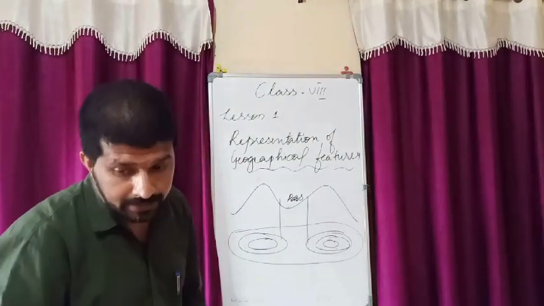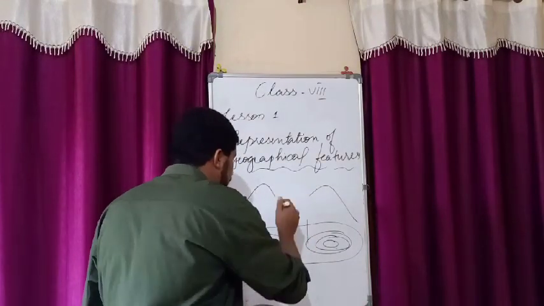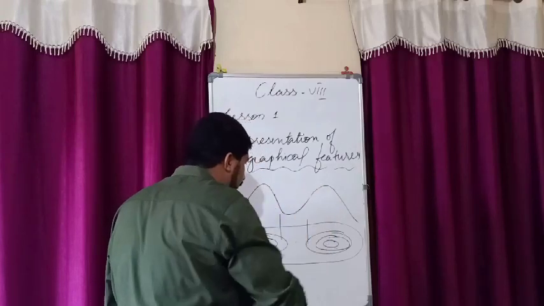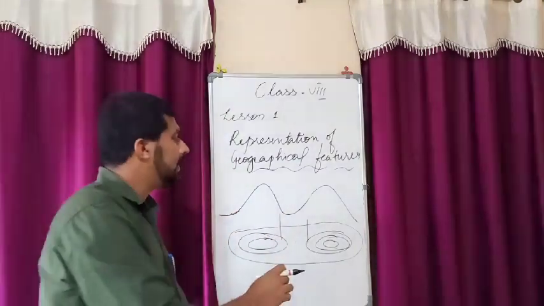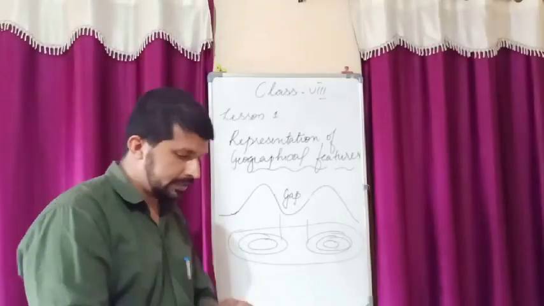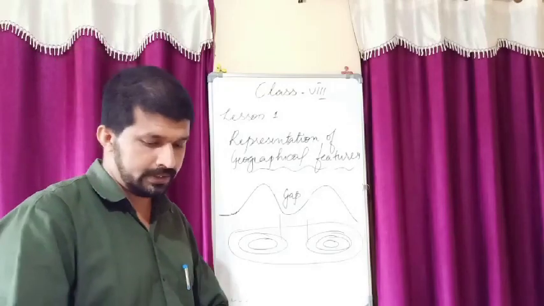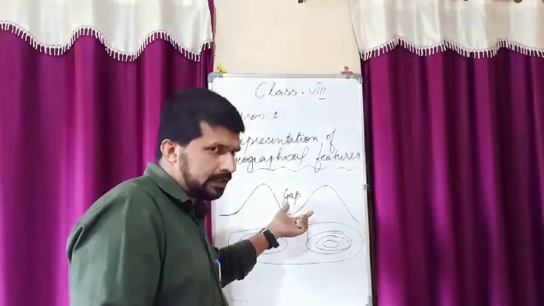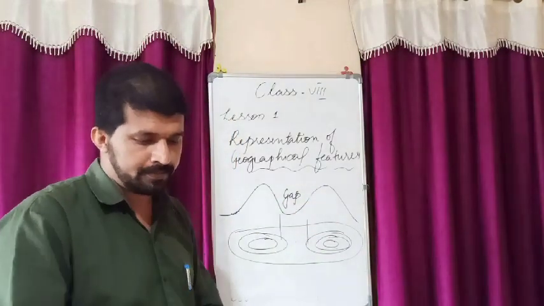Then the second feature is a gap. A gap has further depth, which is very close to the surface, and that also can be represented by using contour lines. Then again col and saddle, these all have similar land features. It is a gap or a shallow depression found between two peaks or two mountain ranges.